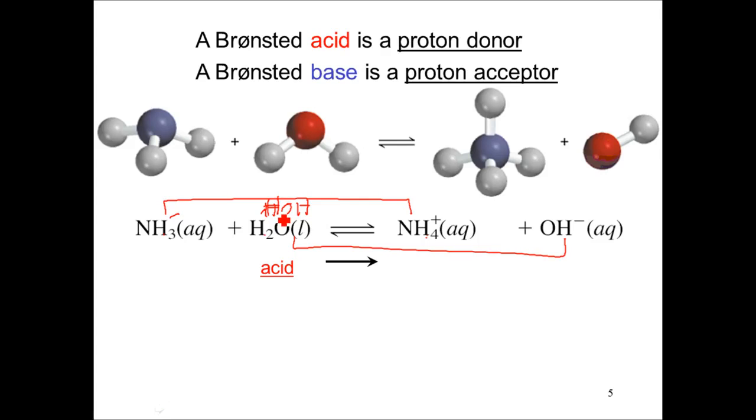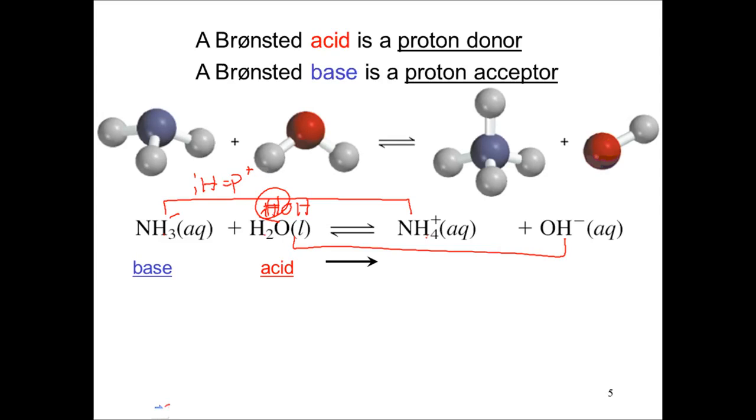It is a proton donor, and let's remember a proton is really a hydrogen ion. Take the element hydrogen, it has 1 proton and 1 electron. If you strip away its electron, it will just have a proton. That's why we call our acid a proton donor, a hydrogen donor.